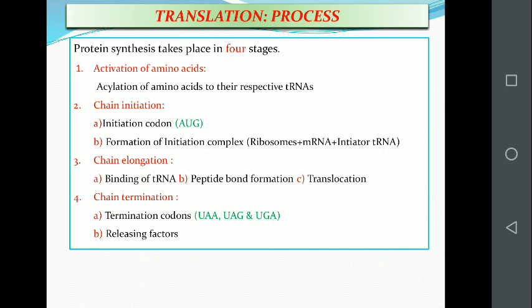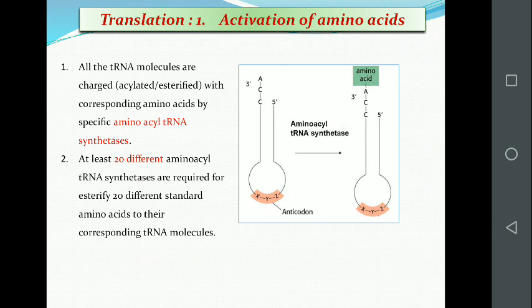Now the translation process. In the translation process, we have four important stages. The first stage is activation of amino acids, the second is chain initiation, the third is chain elongation, and the fourth is chain termination. In the activation of amino acids, the amino acids must be acylated to their specific tRNA molecule. Here we require 20 different aminoacyl tRNA synthetases to acylate 20 different amino acids to their corresponding tRNA molecules.